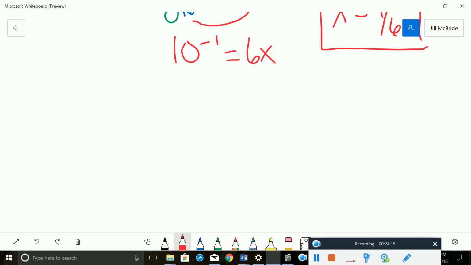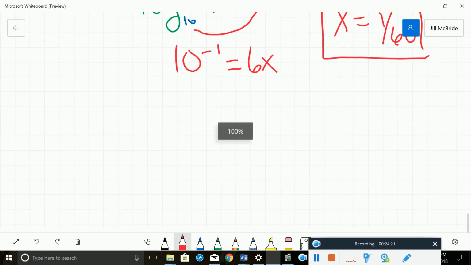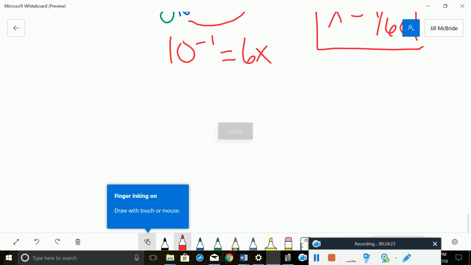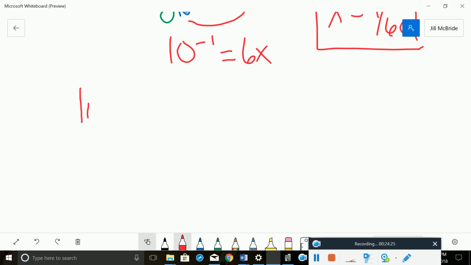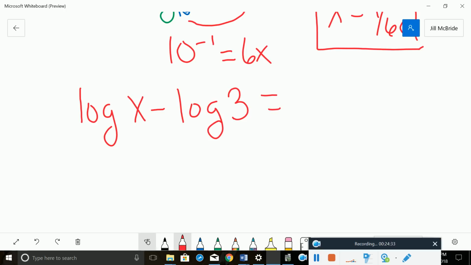Okay. Another one. Log of x minus log of 3 equals negative 4.